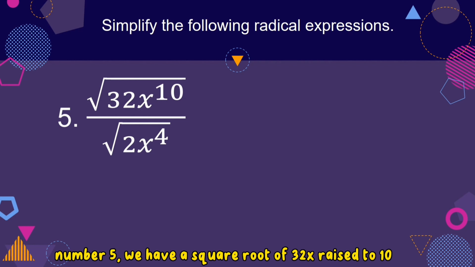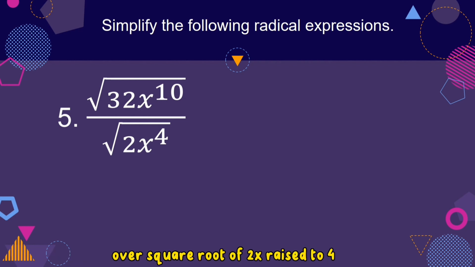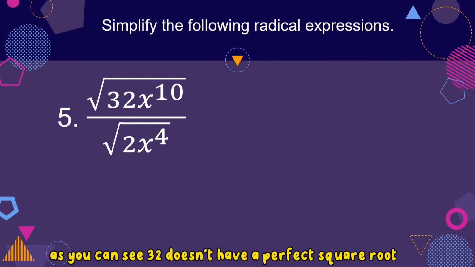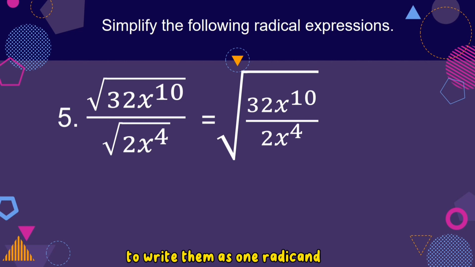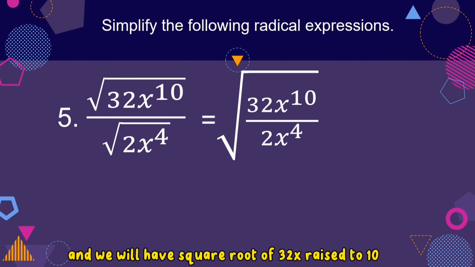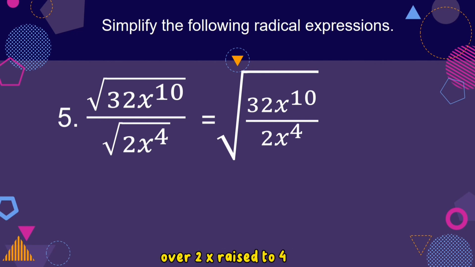Number 5. We have square root of 32x raised to 10 over square root of 2x raised to 4. As you can see, 32 doesn't have a perfect square root. Same with 2. So what we will do is to write them as one radicand. And we will have square root of 32x raised to 10 over 2x raised to 4.